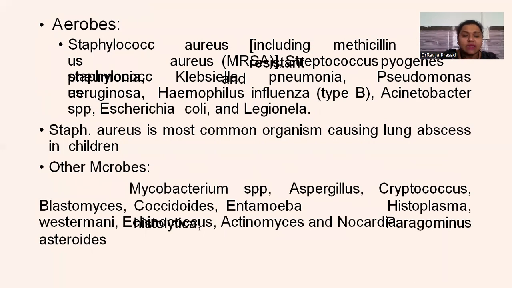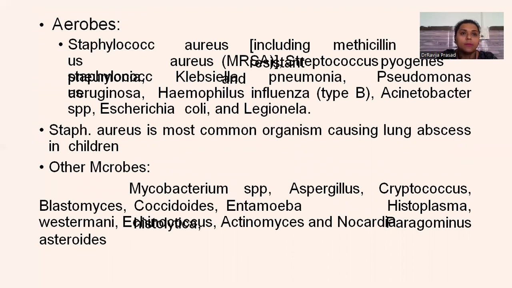Then others like Staphylococcus aureus, including methicillin-resistant, Streptococcus pyogenes, Klebsiella pneumoniae, Pseudomonas, then Haemophilus influenzae type B, Acinetobacter, Enterococcus, Staphylococcus aureus. Staphylococcus is the most common organism causing lung abscess in children.